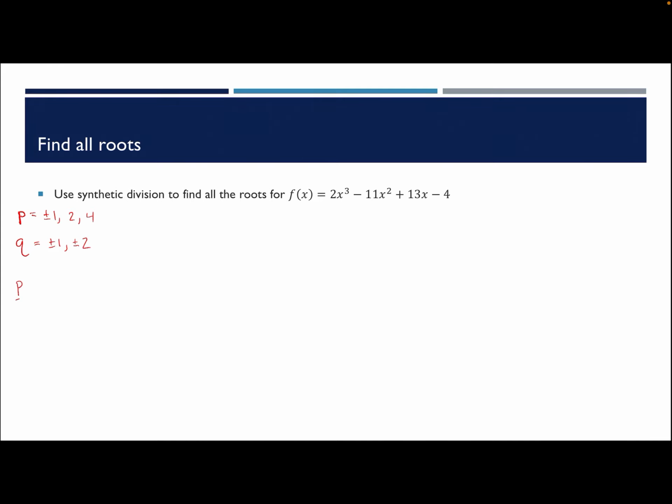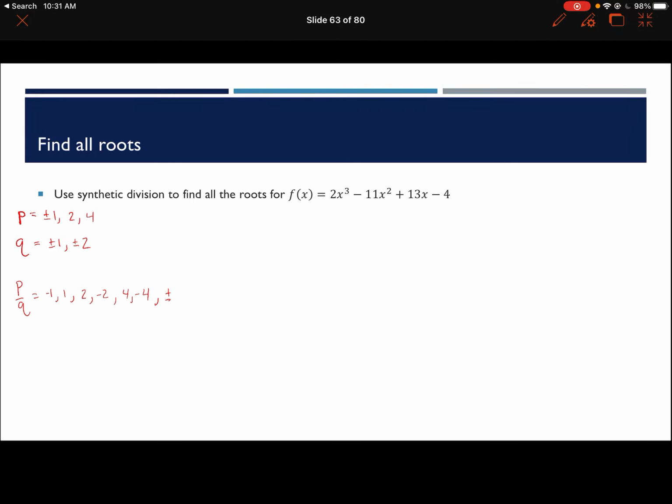And so our P over Q list, we're going to have 1 over 1. So we're going to have negative 1, positive 1. Then 2 divided by 1 is going to give us 2. Then we'll get negative 2. Then we'll have 4, and we'll have negative 4. And then 2 over 1. We already did 2 over 1. I'm sorry. So then if we do 1 over 2, we need a half.